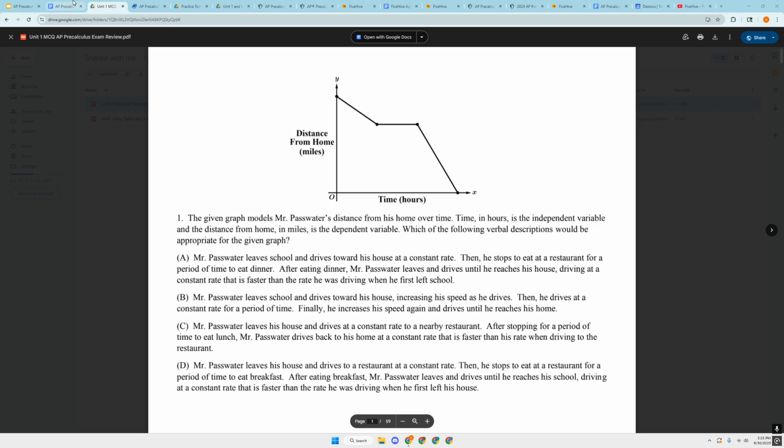Alright, try to solve this. Yeah, these are like AP style level questions.